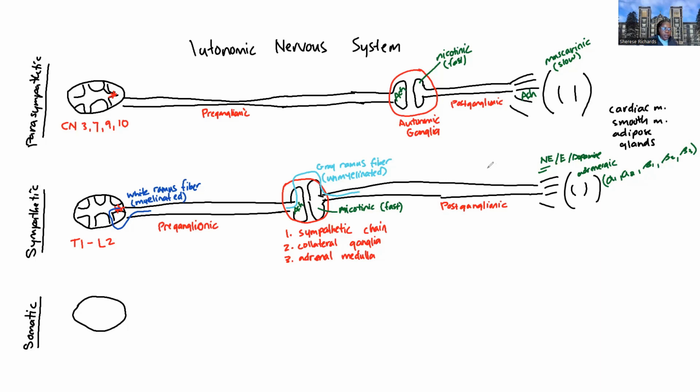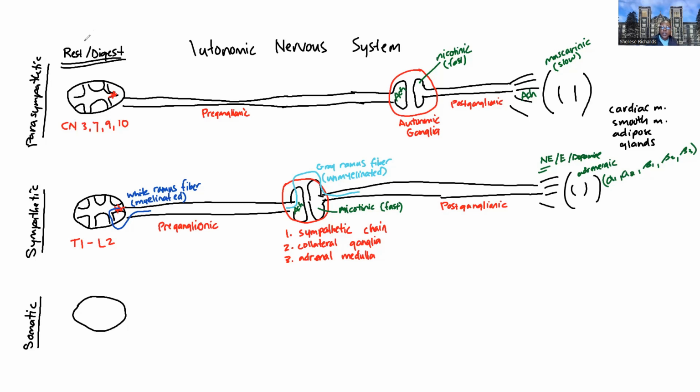Let's talk about the overall effects. So just looking at the overall functions of both of these divisions as well while we're here. So we can think about the parasympathetic as being the rest and digest. Okay, very important. We want to slow things down here.